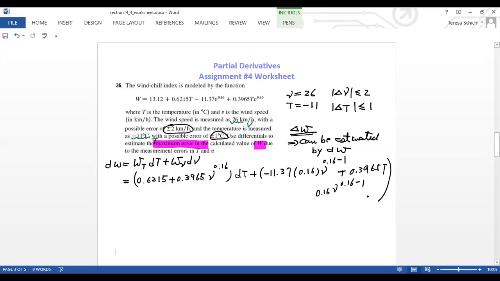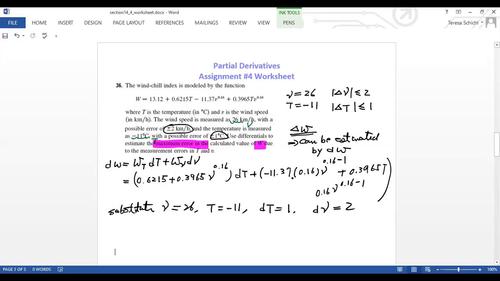All right, and then for the maximum error, you just substitute, right? You substitute V equal to 26, T equal to negative 11, and dT is 1, and dV is equal to 2.